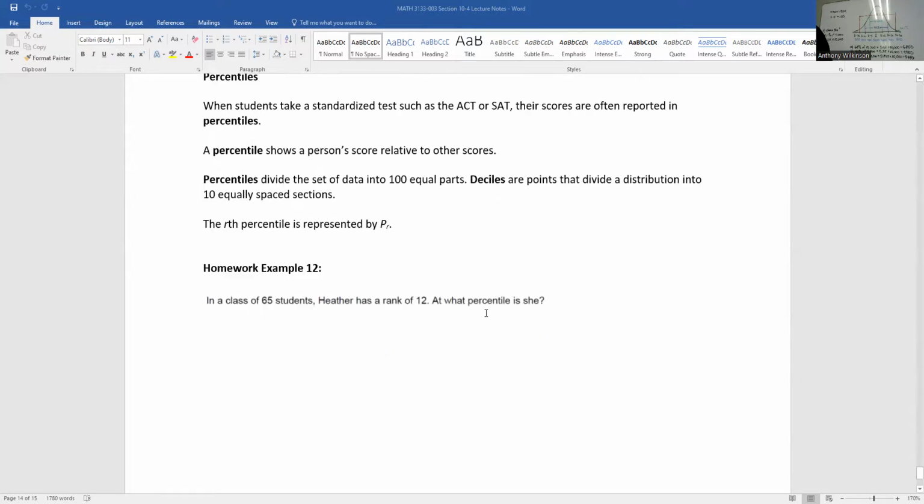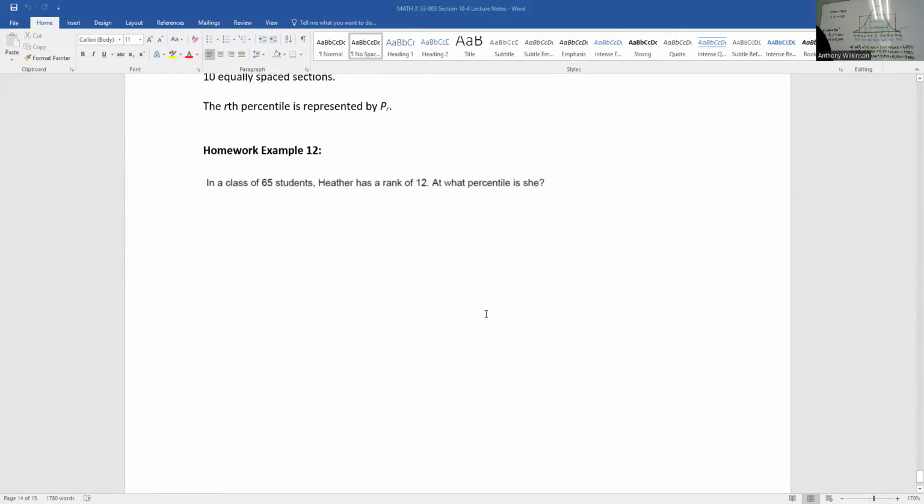So let's say in this case right here, in a class of 65 students, Heather has a rank of 12. At what percentile is she? There's 65 students in the class, and Heather is ranked number 12. What percentile is she?